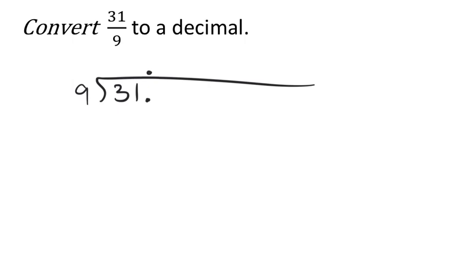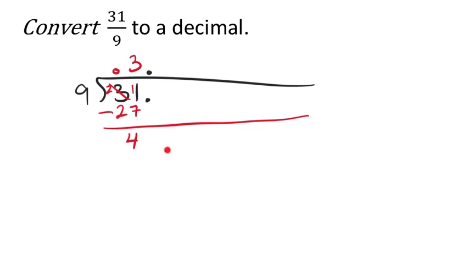But I know that 9 does not go into 3, but it will go into 31 3 times. 3 times 9 is 27, so when I subtract this, we'll make that 11. 11 minus 7 is 4. Now, I don't need to bring the decimal down into these values because I'm going to be looking at these as just values. But 4 is too small for 9, which is what we would anticipate.